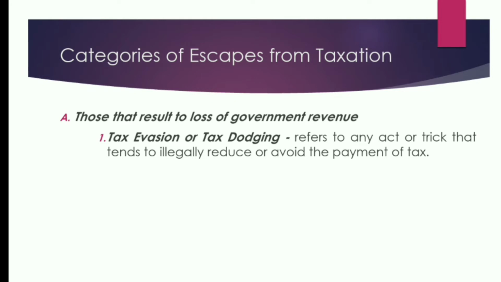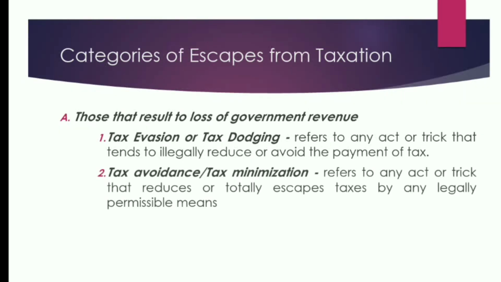Another way is non-declaration of income. And then we also have overstatement of expenses or tax credit. Let's say your actual business expenses are 150,000, but what you declare in your ITR is 300,000. That is a form of tax evasion.